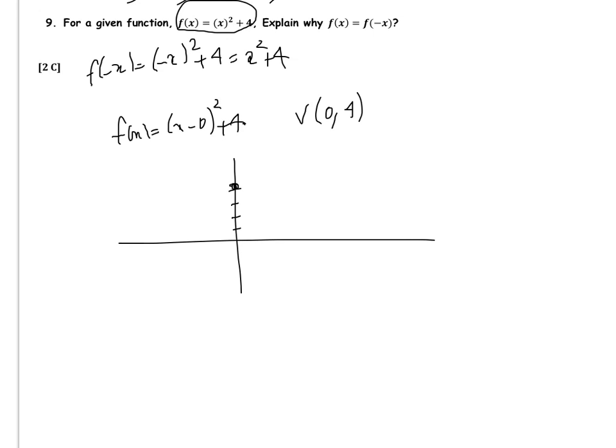This is my vertex here, but since the coefficient here is positive 1, it is going to open upward. Now, if you reflect this one about the y-axis, you can see that every point is going to go back on the same parabola. So that's why the function stays the same when you reflect it about the y-axis.